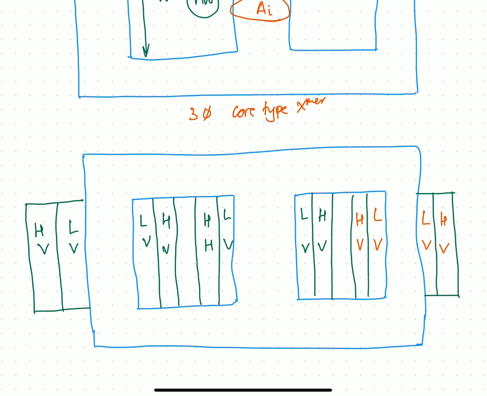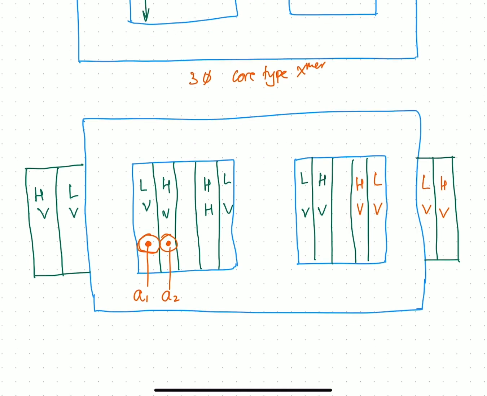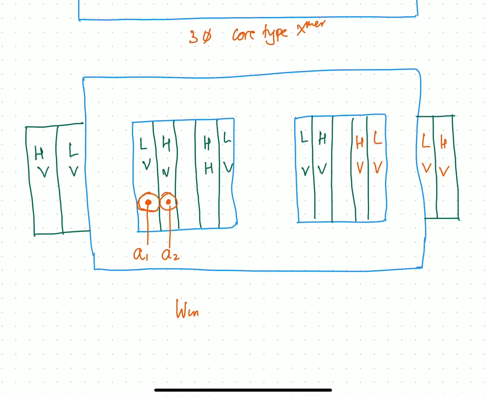So you have area a1 and area a2, which is the cross section area of the conductor in the LV and the HV windings respectively. So this is the winding arrangement.